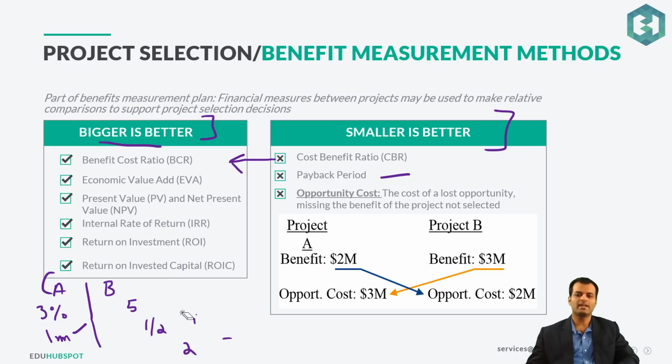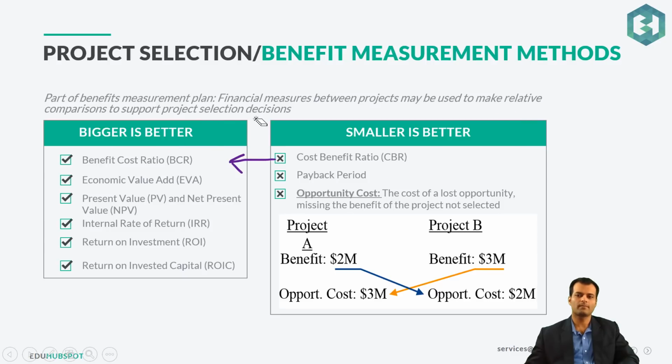Okay. Then there is one more concept which is your opportunity cost, the cost of a lost opportunity. So for example, in the exam, they'll give you a project A and they'll say that if you select project A, you will benefit 2 million out of it.